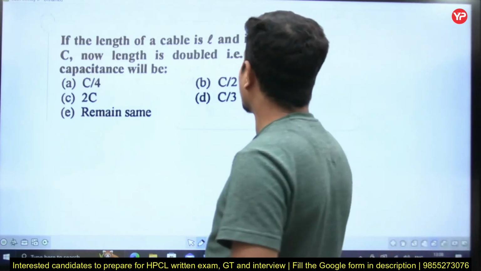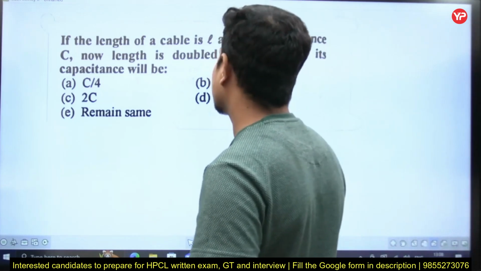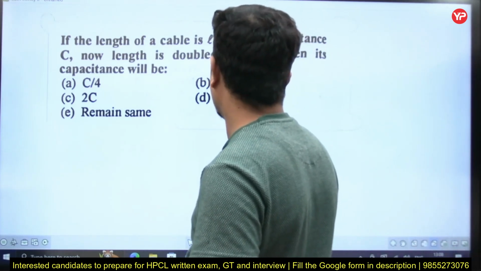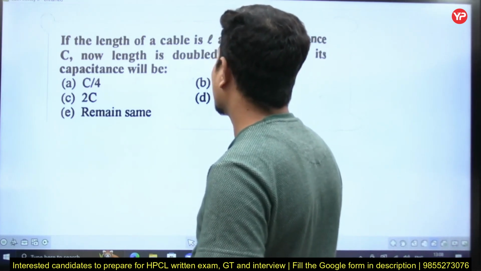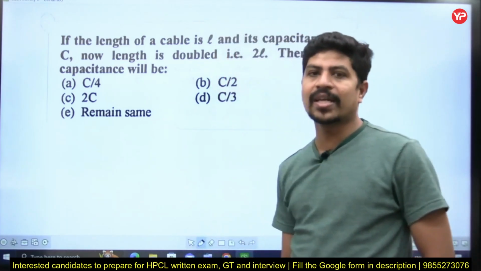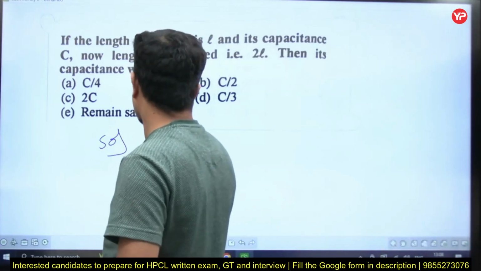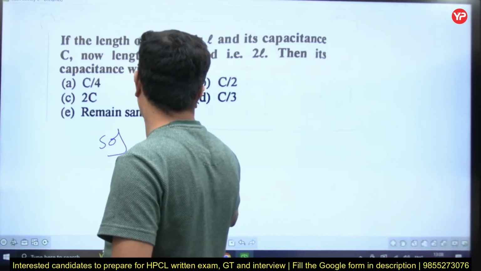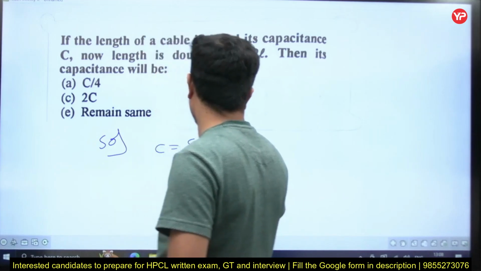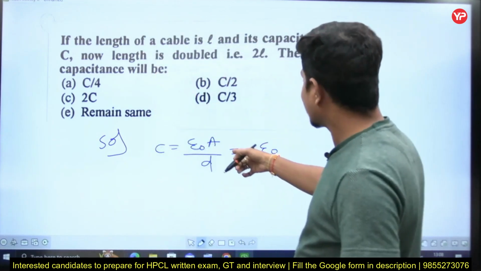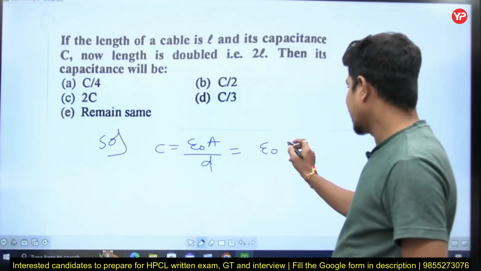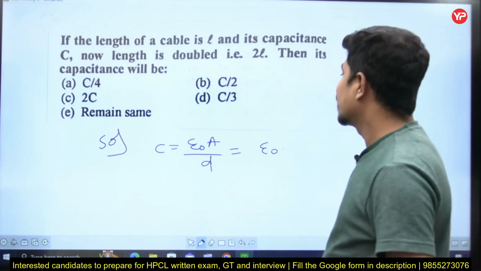If the length of cable is L and its capacitance is C, now the length is doubled, that is 2L, then its capacitance will be, see, capacitance C is equal to epsilon A by D, where A is area and D is the distance.